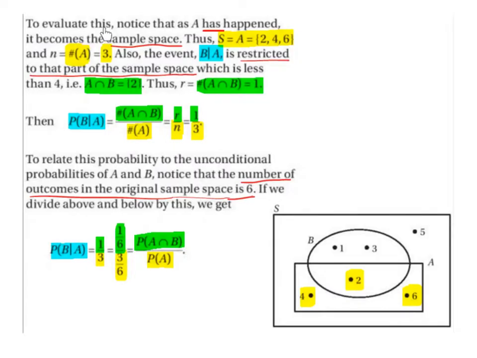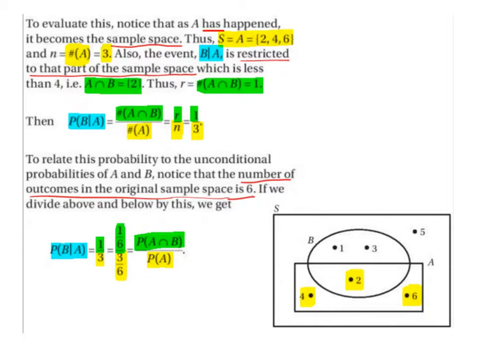To evaluate this, notice that as A has happened, it becomes the sample space. Thus, the sample space is equal to A, which is equal to 2, 4, or 6. So we have our Venn diagram down here, and we have a large rectangle, which in sets represents the universal set. In probability, it represents the sample space.